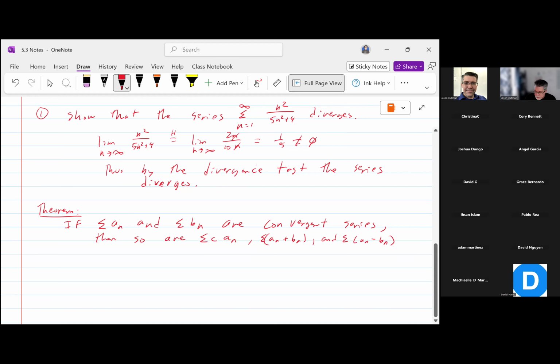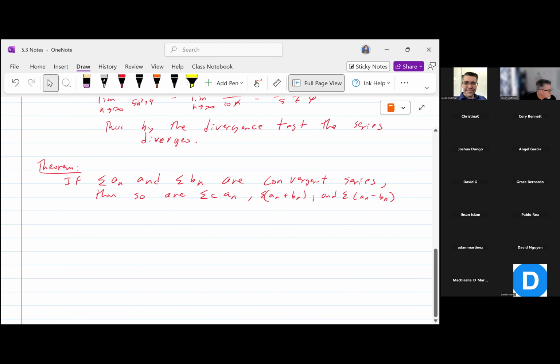So we can subtract the series, add the series, or multiply the series by a constant, and it does not change its convergent nature.